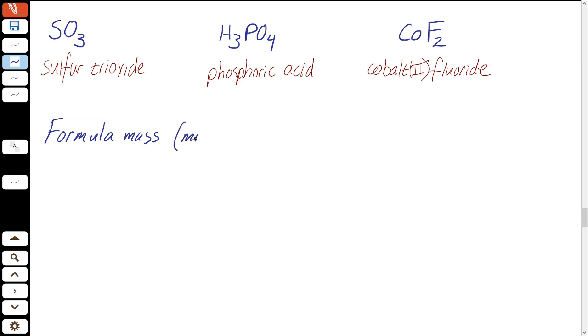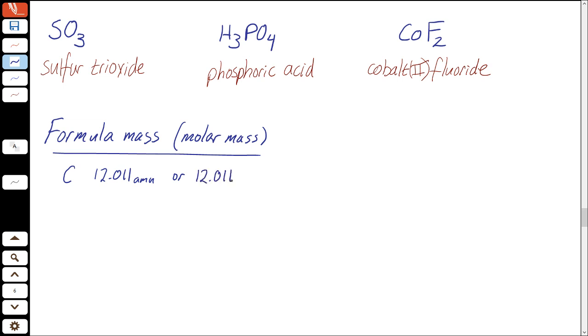Formula mass or molar mass for compounds. So we know that the average atomic mass for carbon is 12.011, and we know that that's AMUs, atomic mass units for one atom, or that same number is the amount of grams in 1 mole.